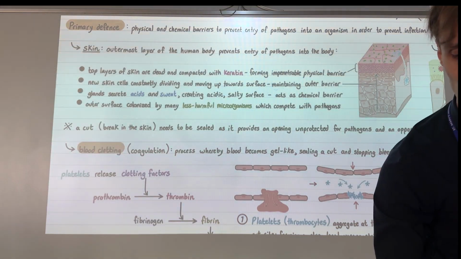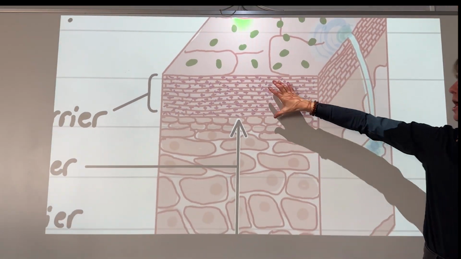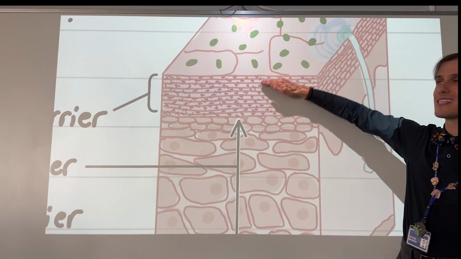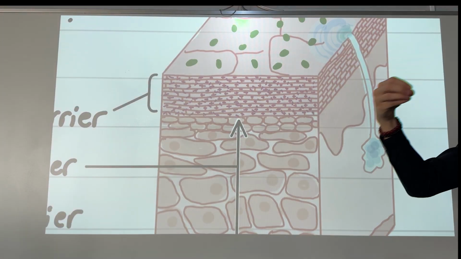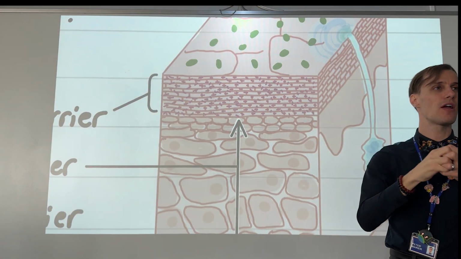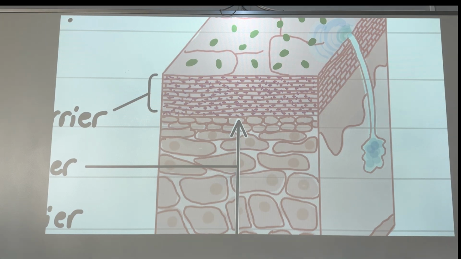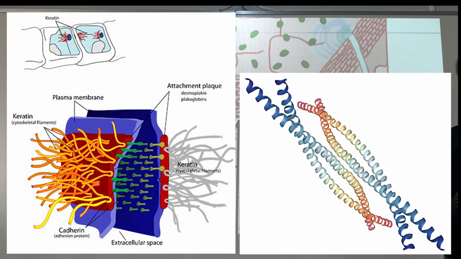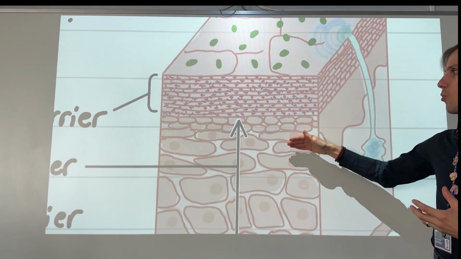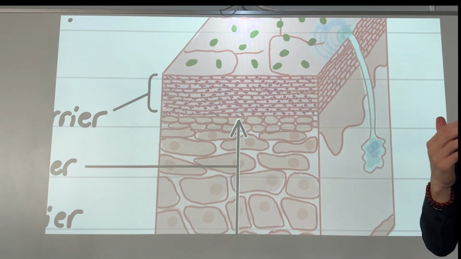And on top of that, if I zoom into this top layer now, here are these dead skin cells. They are connected together with a very hard protein called keratin. And you've likely heard of this protein before. Keratin is also found in your hair and your nails. It's a very tough protein. So why is this already a really good barrier?